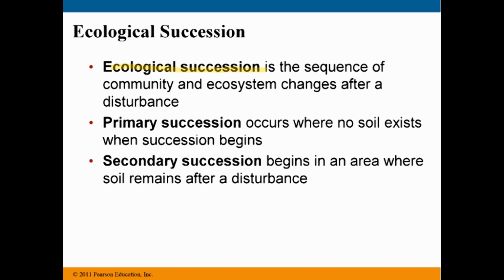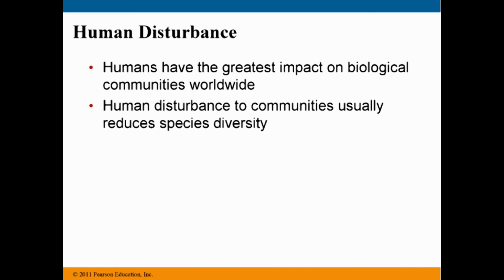And secondary succession is in an area where the soil remains after a disturbance. Okay, so very rarely do we go back to that primary succession and start really from scratch.